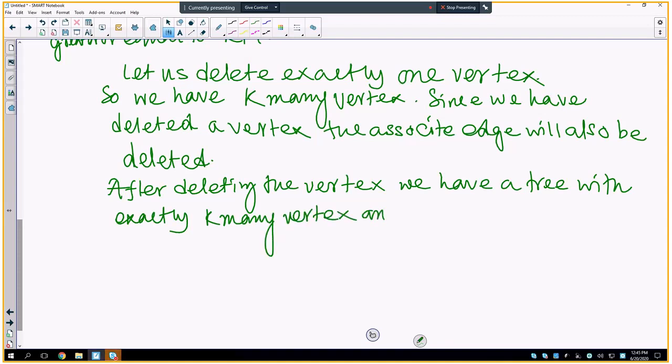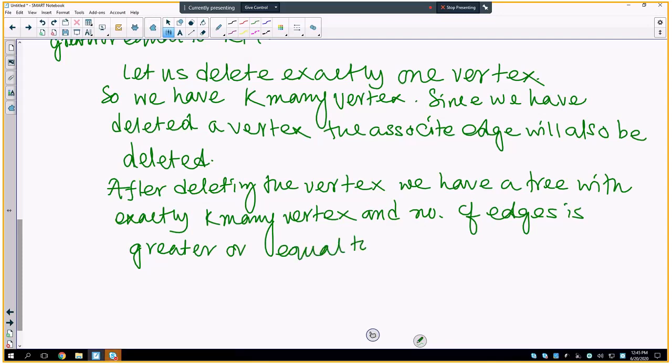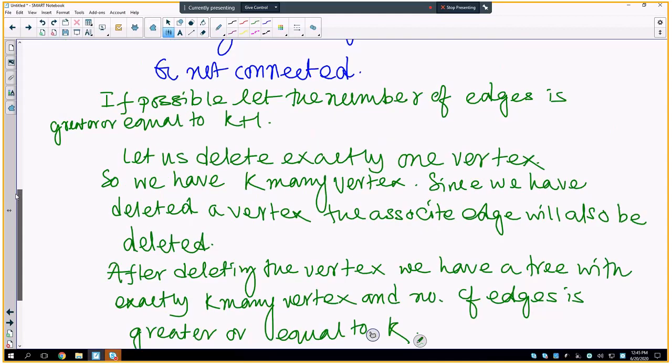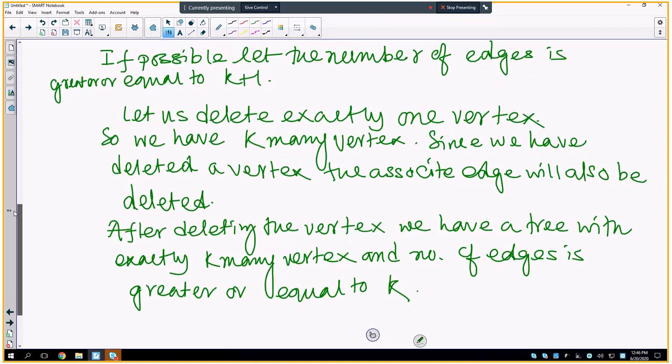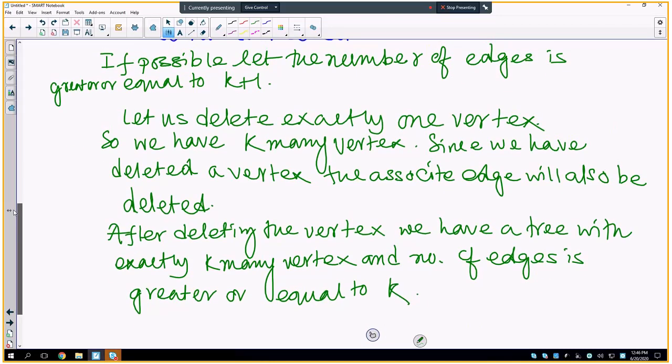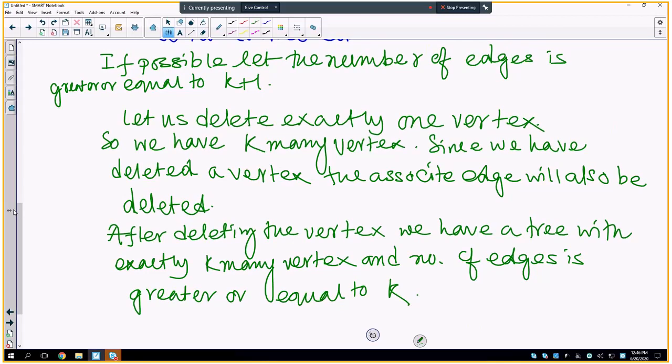and the number of edges is greater or equal to k. How come? Well, before deleting this vertex, we had k plus 1 vertices and greater or equal to k plus 1 edges, so remember this statement here?